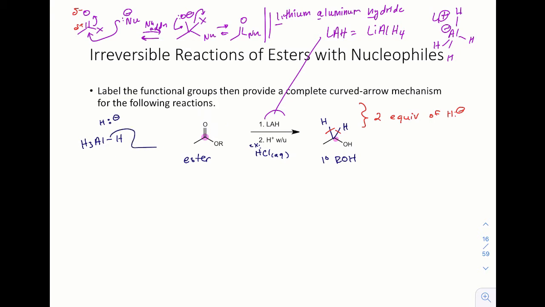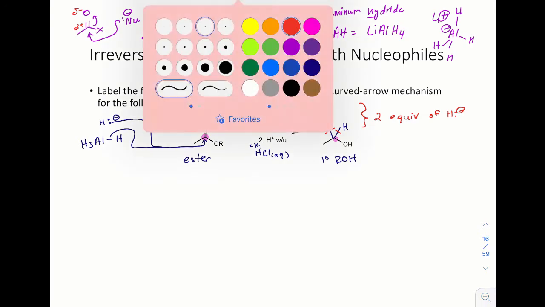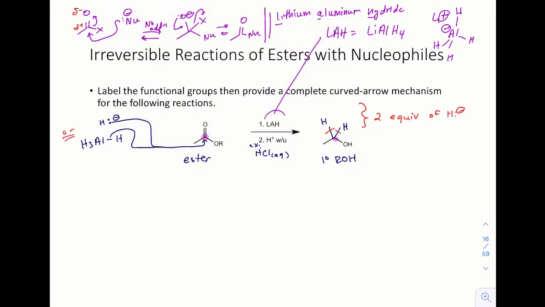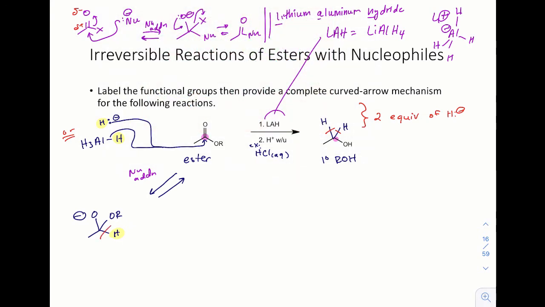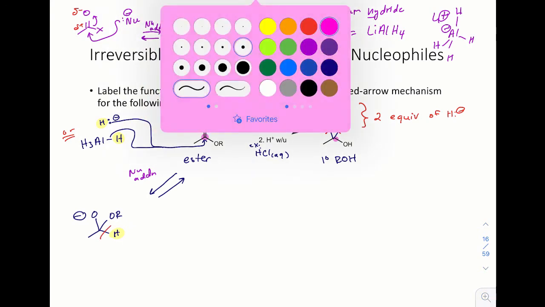We can show the sigma electrons between aluminum and hydrogen, or we can simplify and just pretend there's a hydride. Choose one method. It doesn't matter which you use. Choose one though. Showing that nucleophile adding to the polar pi bond in a nucleophile addition elementary step generates a tetrahedral intermediate that looks like this, where this new bond has been formed between hydride from lithium aluminum hydride and the carbonyl carbon of the ester.